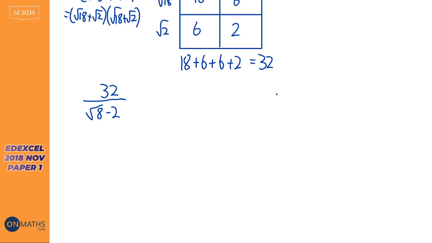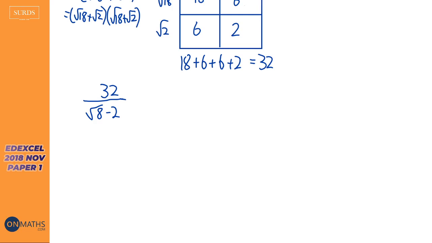So if we quickly do that, root 8 brackets root 8 minus 2, it gets rid of the first one, so it just becomes 8, but then we get a minus 2 root 8. Well, so we haven't got rid of the surd at all. So we've got to think if we know of a process of getting rid of that root 8 from the bottom, and we kind of do.